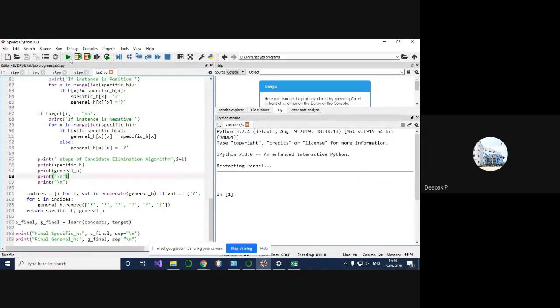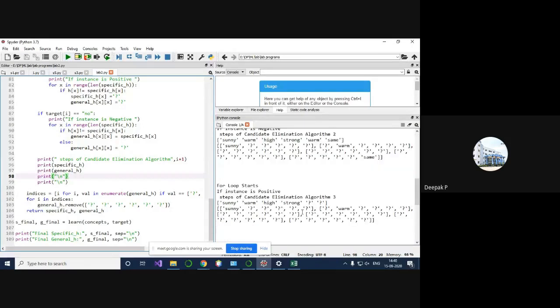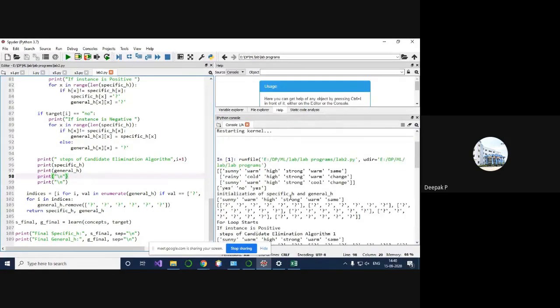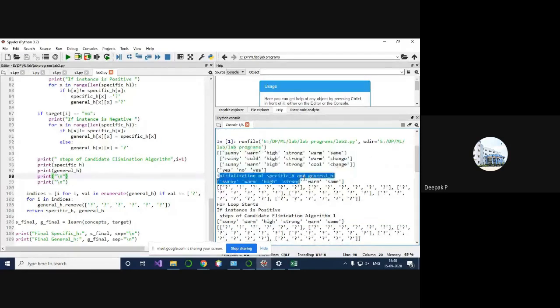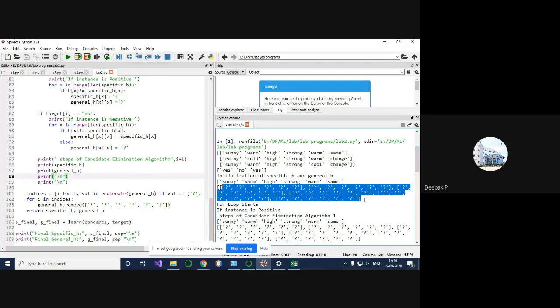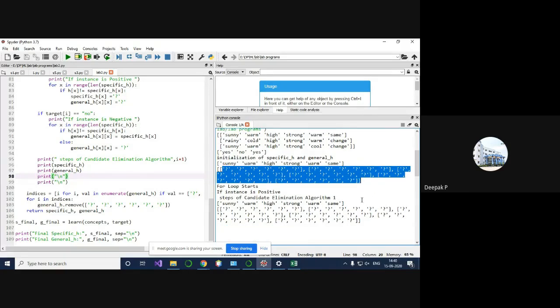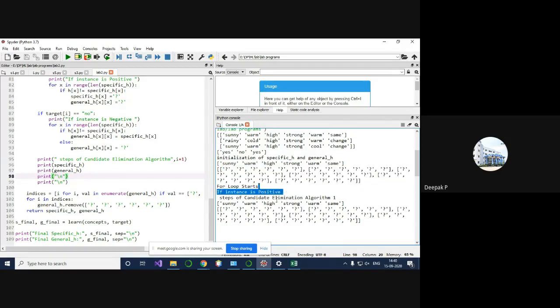So now we will execute it. See, now we got the output. So I'm going to read the data, and I'm going to make it a specific and general hypothesis. For the specific hypothesis, the first instance remains the same, whereas the remaining 3 instances are question marks. So if I take the positive instance, I'm going to apply the candidate elimination algorithm.